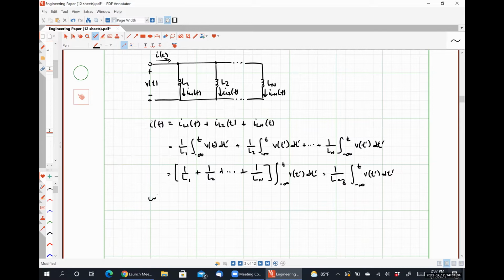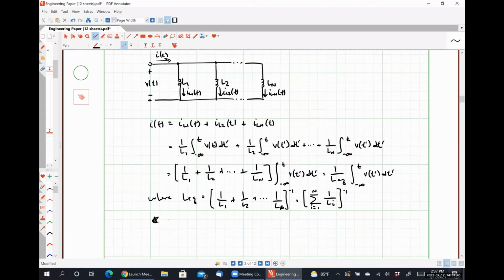Where, in this case, our equivalent inductance of all of our inductors connected in parallel looks like 1 over L1 plus 1 over L2 plus 1 over Ln, all to the negative 1, or the sum from i equals 1 to n of 1 over Li, this whole thing, to the negative 1.